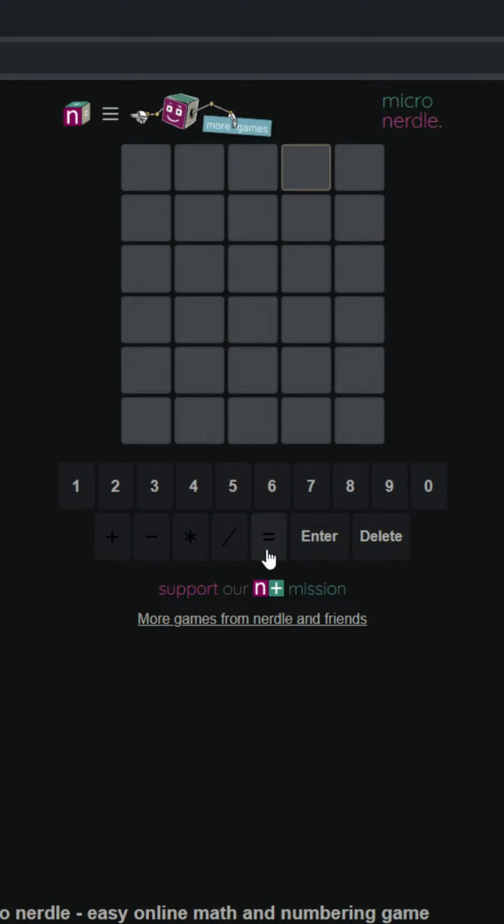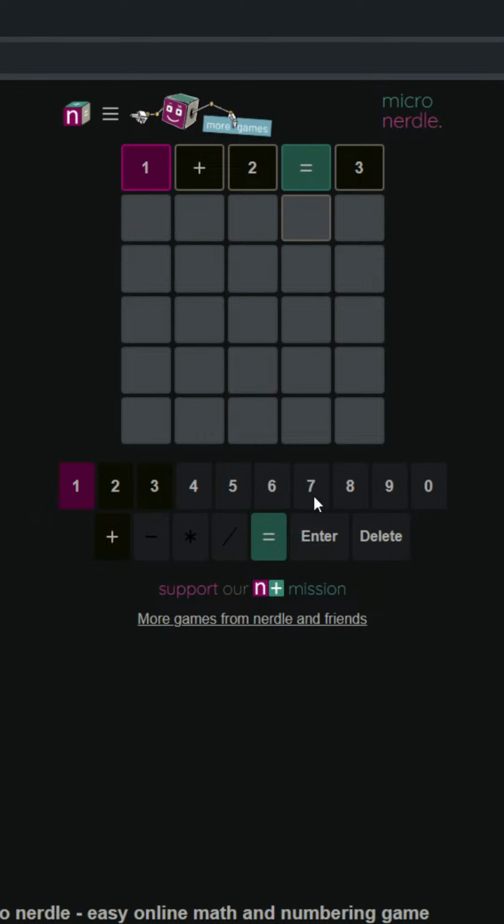Let's put the equal sign here. And then we'll do like 1 plus 2 is equal to 3. Okay, we have a 1. Let's do 4 plus, well, no plus. 4 divided by 1.